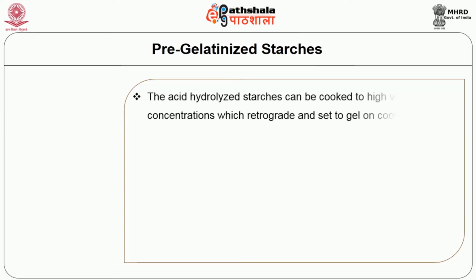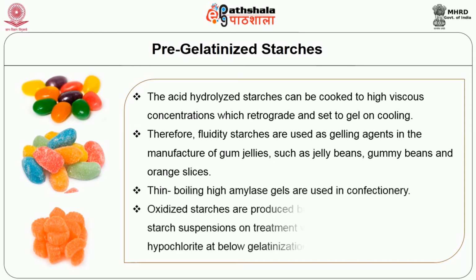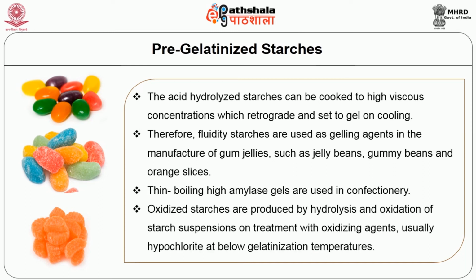The acid hydrolyzed starches can be cooked to high viscous concentrations which retrograde and set to gel on cooling. Therefore, fluidity starches are used as gelling agents in the manufacture of gum jellies such as jelly beans, gummy beans and orange slices.